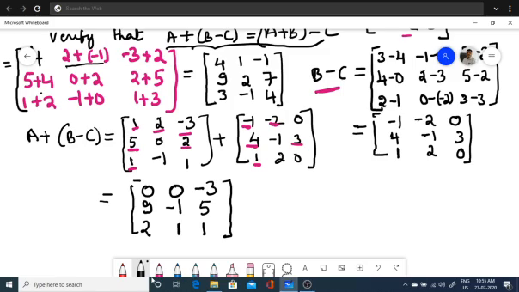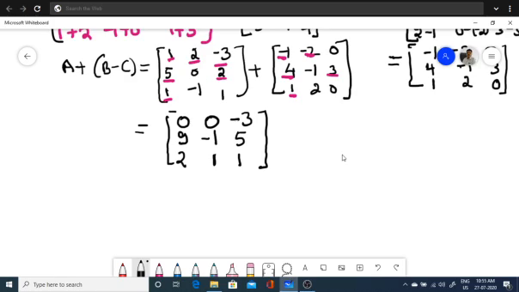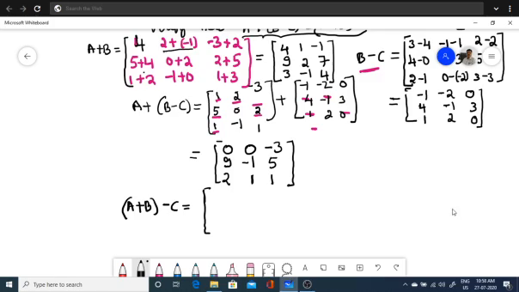Now we have to find out A plus B minus C. So let us take A plus B. We have already found it out. So what is A plus B here? A plus B is here.